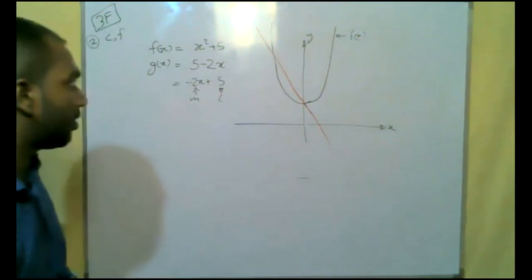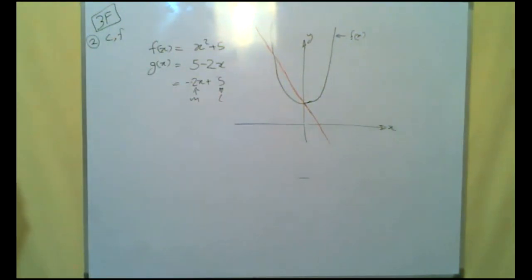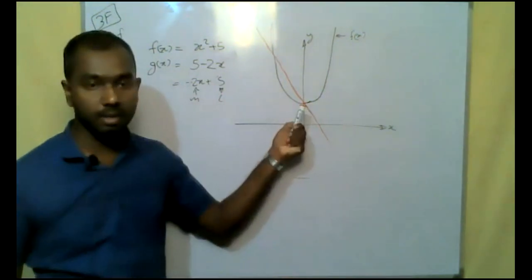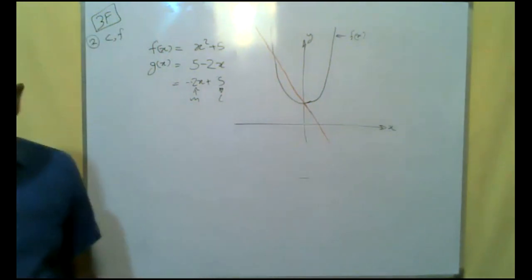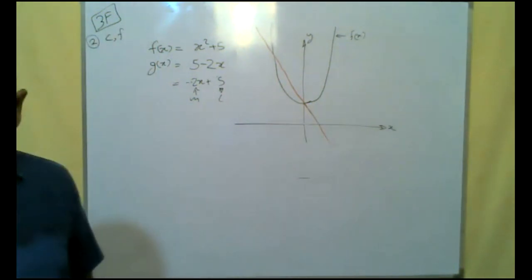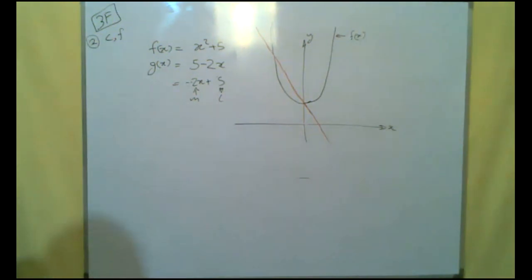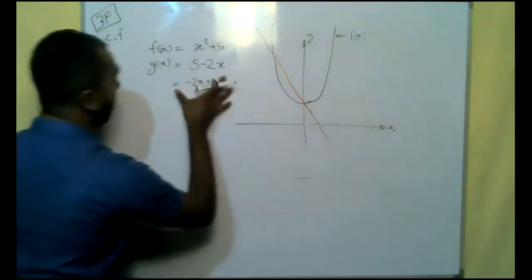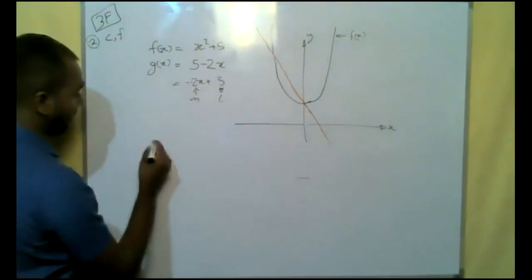Actually, now we already know one of the points of intersection. This point, no? Because this is the turning point. We can easily catch it. Never mind, we can algebraically find the other point as well. How? We can utilize the two equations.